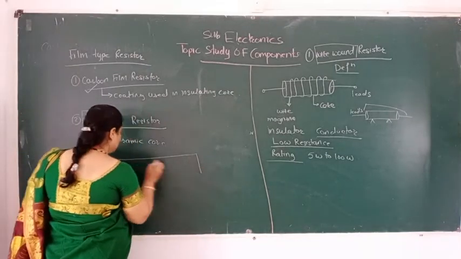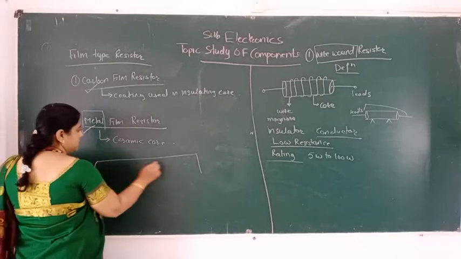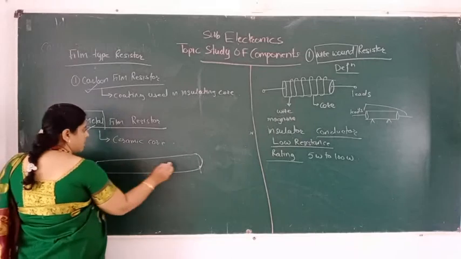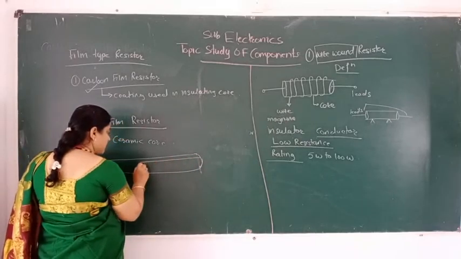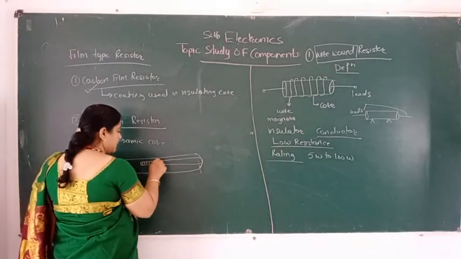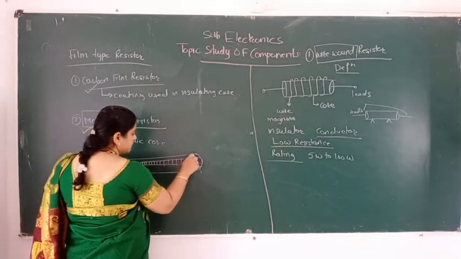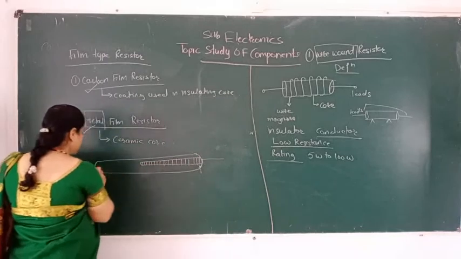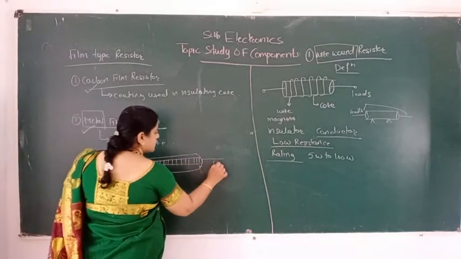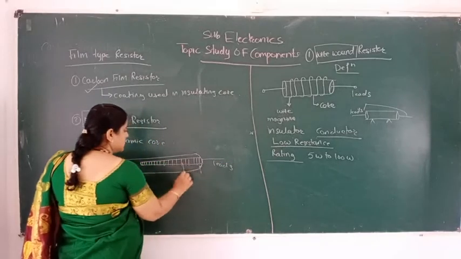We will draw the diagram for it. Two leads are there. These are what? Two leads. This is what?